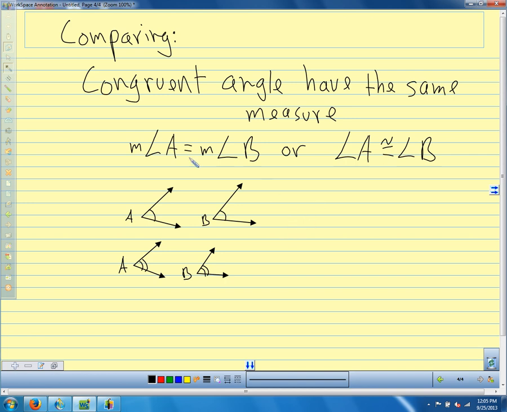I can also use tick marks, like I used with the segments. So let me draw a couple of angles with tick marks. So I can do this.